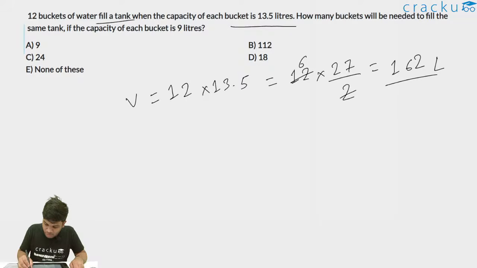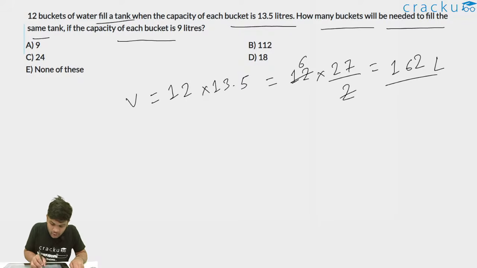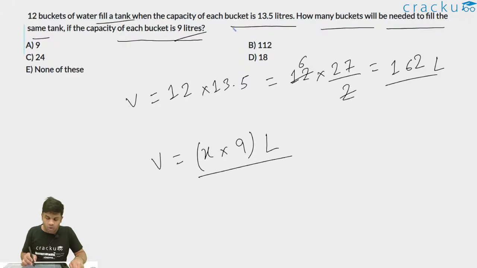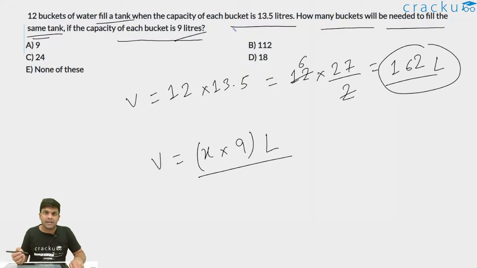Now it is asked how many buckets will be needed to fill the same tank if the capacity of each bucket is 9 liters. Let the total number of buckets be x and the capacity of each bucket is 9 liters. So 9x liters is the amount of water that the new buckets can fill, and this is the total amount of water that the old buckets filled. Since we are talking about the same tank, the volume will be the same.